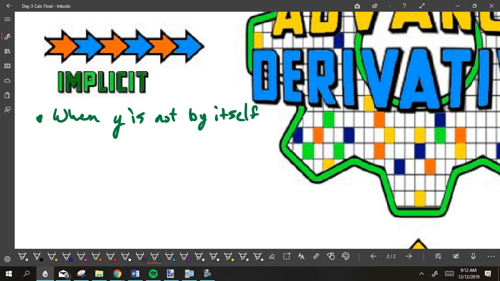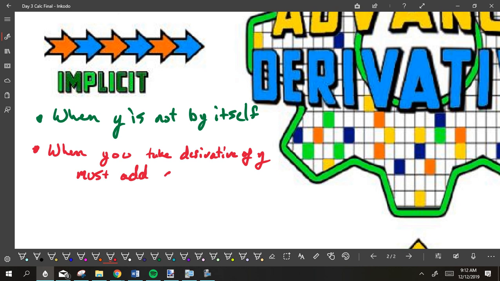When we do implicit, when you take the derivative of y, what do you have to do? You must add dy over dx.